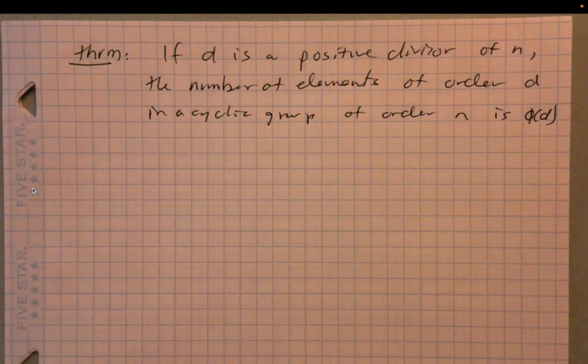If D divides n, the number of elements of order D in a cyclic group of order n is phi of D.